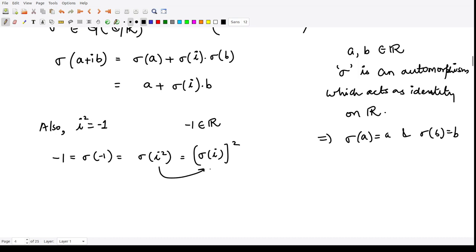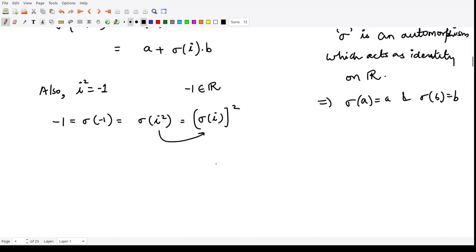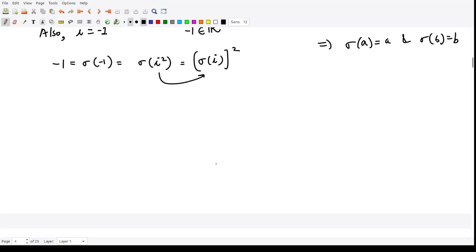Because sigma is a homomorphism. So we have just written minus 1 as sigma iota whole square. Or in other words, you could write sigma iota to be the square root of minus 1, so it would be either plus iota or minus iota, right? Plus minus of this thing.